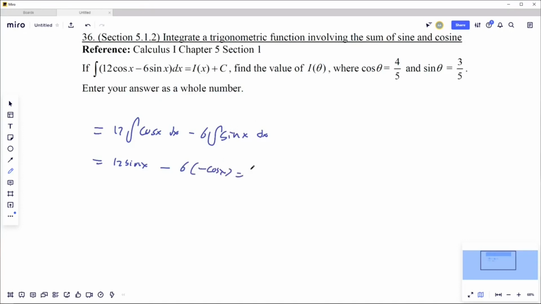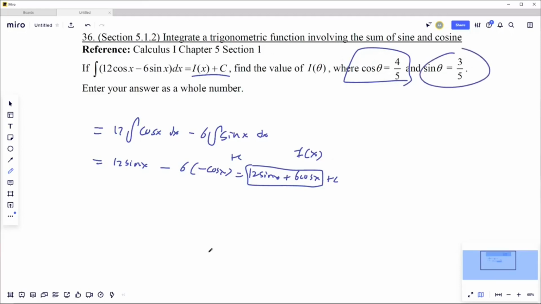So you get 12 sine x plus 6 cosine x, plus c because it's an indefinite integral. This part is the expression at x, as they said, plus c, and we just want to substitute theta. They told you that cosine theta is this and sine theta is that. So it's 12 times sine, which is 3 over 5, plus 6 times the cosine, which is 4 over 5.